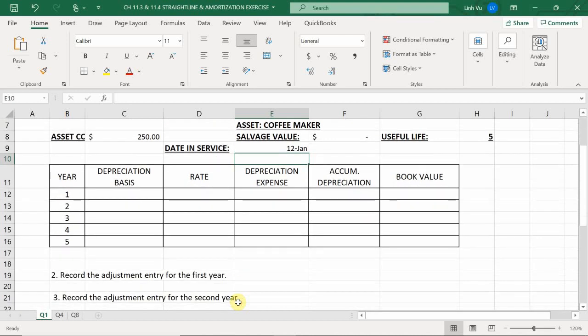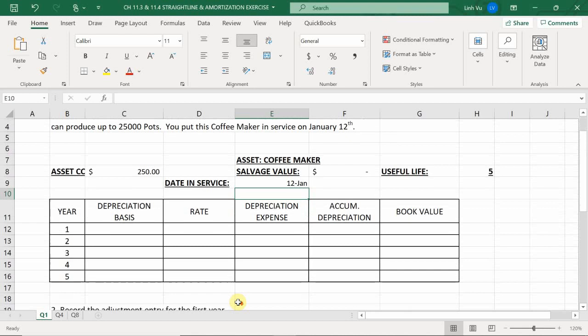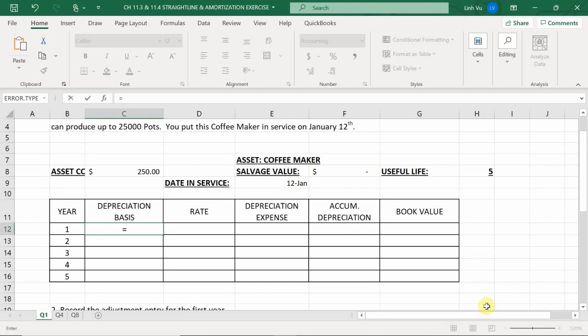Okay. So let's go ahead and solve for our depreciation basis. What's my depreciation basis? It is just 250. Good. There's no salvage. It's your asset cost of 250 minus salvage value, which is 0.